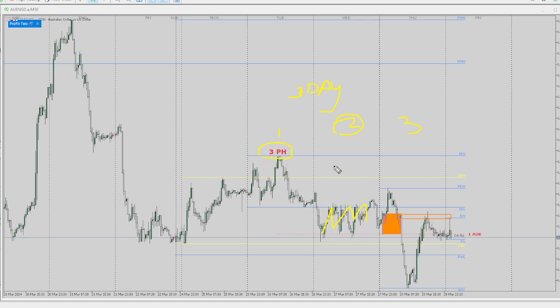This would be your first red day, because then you would see price closing below. So here's the open, and then boom, price closes below the open. So that confirmed this peak. We're good. The third day is the day we're looking for this trend to continue.